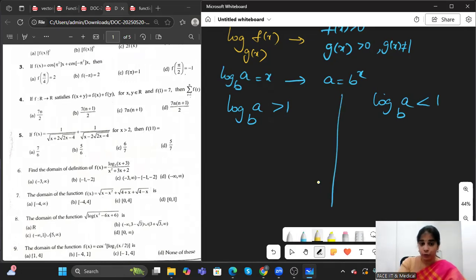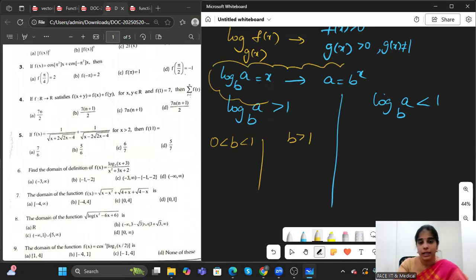In this, we've got two options: when the base lies in between 0 and 1, and when the base b is greater than 1. Whenever the base is less than 1, the inequality will be changed. But if your base is greater than 1, the inequality will not be changed. So just to remember this fact, log a base b equals x implies a equals b to the power x, the conversion of log to exponential form.